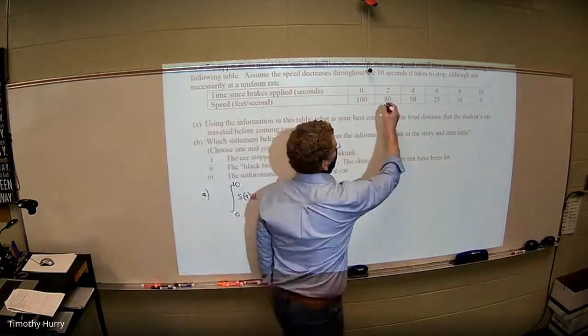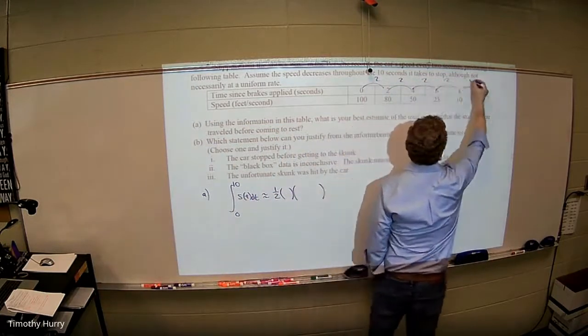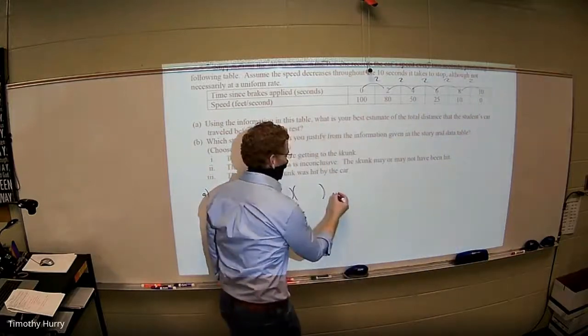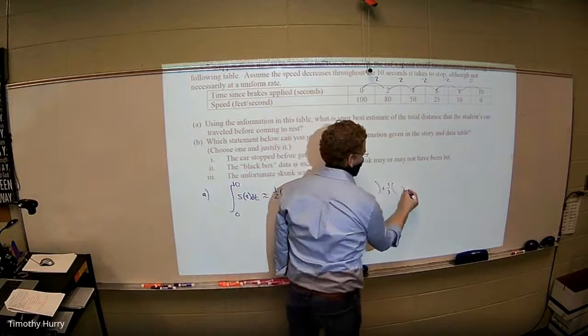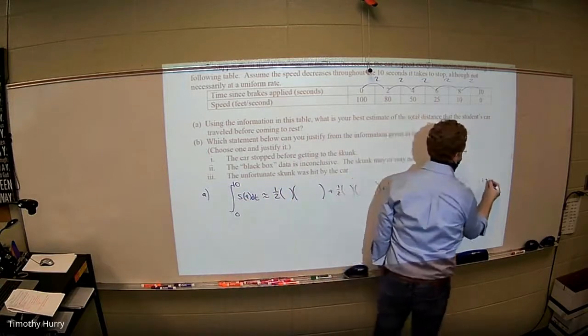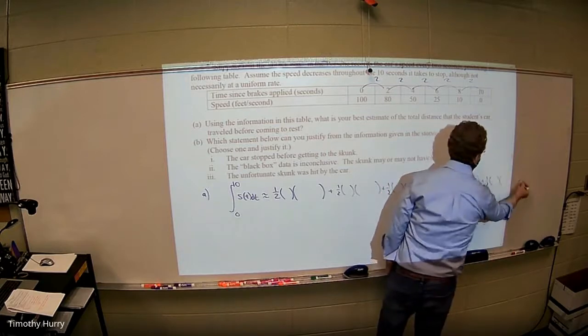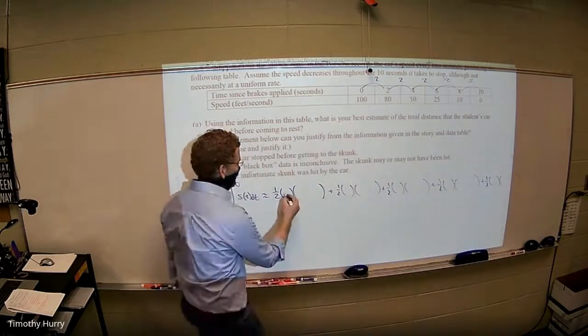And what are the bases here? Every 2 seconds. So if I want, I can set it all up. 1/2 base, sum of the heights. 1/2 base, sum of the heights. 1/2 base, sum of the heights. 1/2 base, sum of the heights. And my bases for all of these are 2.